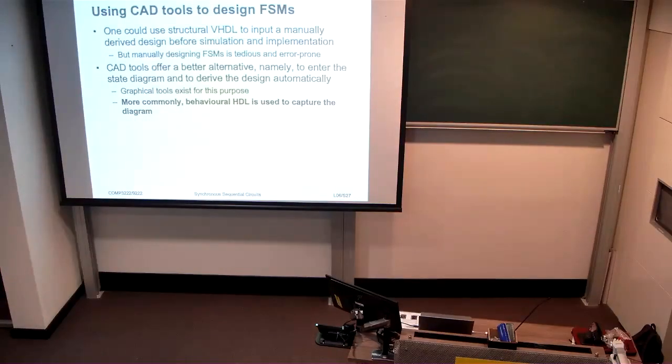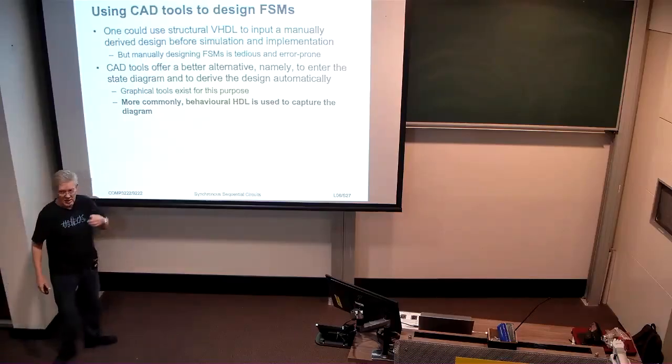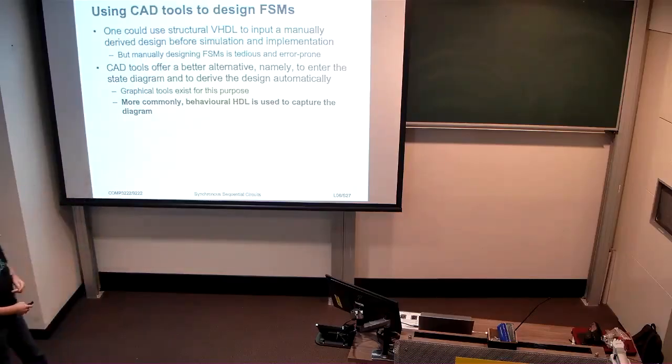So CAD tools offer better alternatives because it's pretty easy actually to implement finite state machines. There are graphical tools that can capture the state diagram and from there simply produce hardware description language. Or more commonly, you would use behavioral hardware description language to capture the diagram that you've derived.